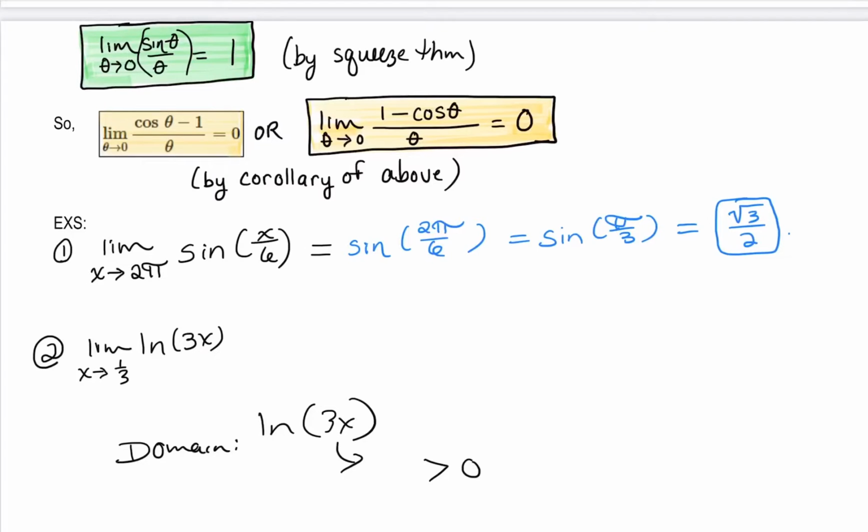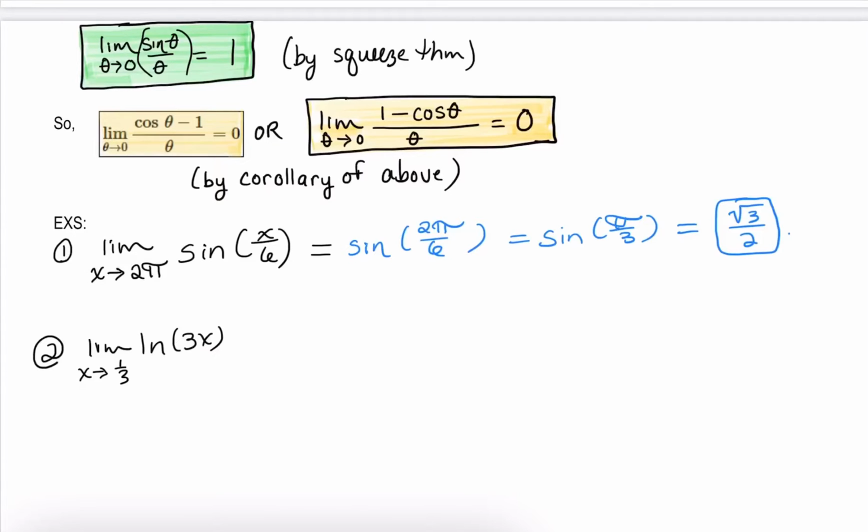So in this case, 3x needs to be greater than 0, so x would need to be greater than 0. The natural log function is continuous everywhere on its domain, and 1/3 is certainly in its domain, so we're not going to have any issues here.